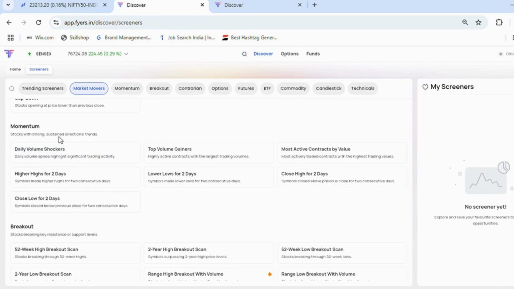If you look at it, you can see 7 screens under the momentum screener. Momentum means stocks with strong sustained directional trends. Before moving on to each screen, you need to know what each screen means and its significance, so let me explain that first.